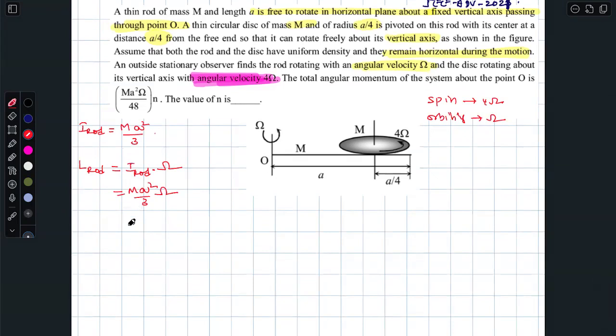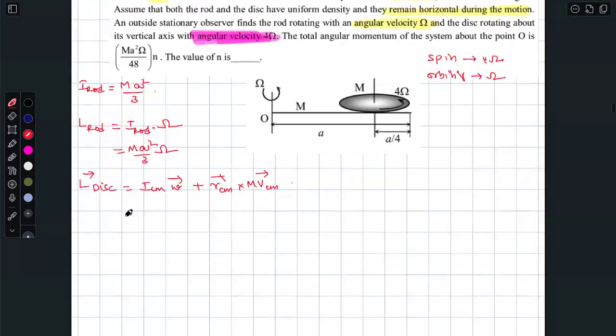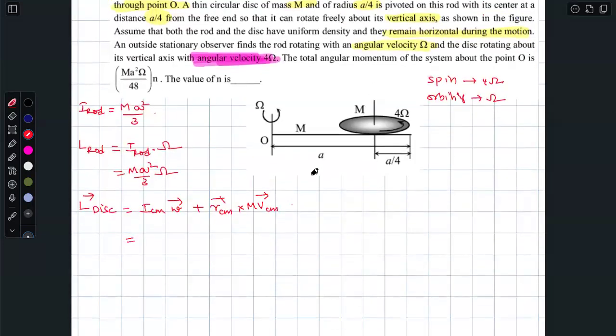L rod is done. Now L disk. The problem with the disk is that it has a spin as well as orbital motion. It is like I_CM omega bar plus R_CM bar cross M V_CM bar. The disk about this axis is M R squared by 2 times 4 omega.